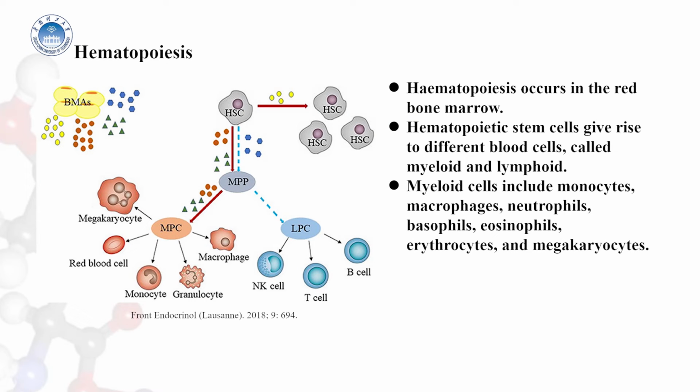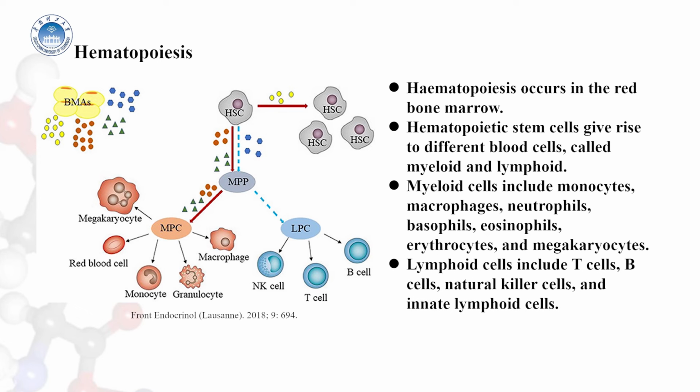The myeloid cells include monocytes, macrophages, neutrophils, basophils, eosinophils, erythrocytes, and megakaryocytes, also called platelets. The lymphoid cells include T cells, B cells, natural killer cells, and innate lymphoid cells.